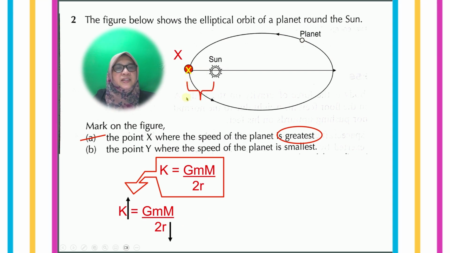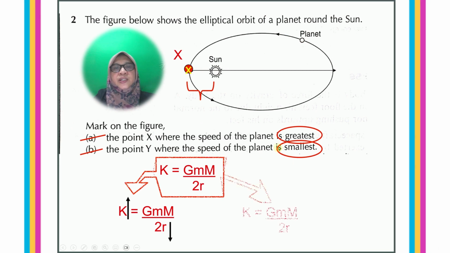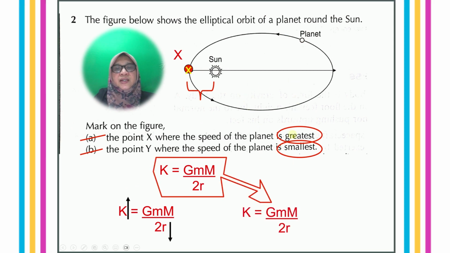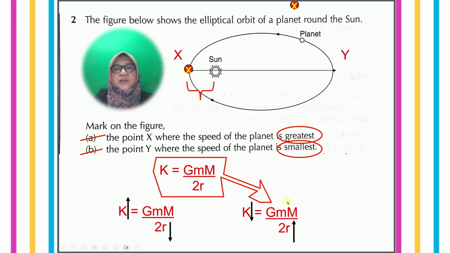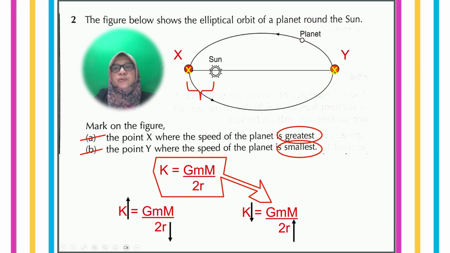Next is the point Y, where the speed of the planet is smallest. So it will be on the opposite side, because if the speed is smallest, that means the kinetic energy decreases, so the distance will be increased. So the greatest distance will be here.